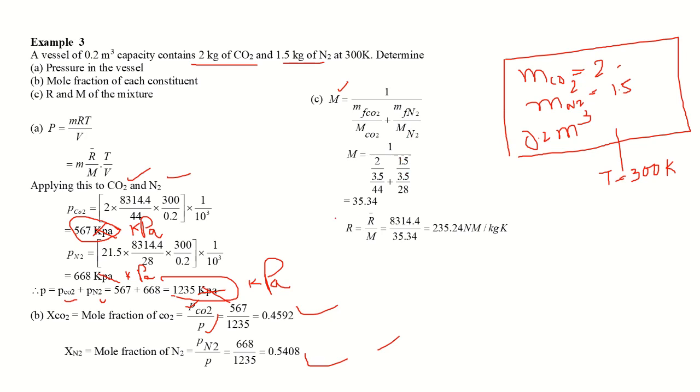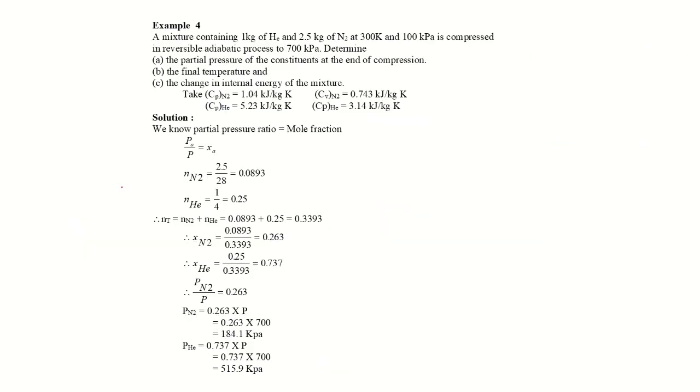Its molecular weight is 28. You will get the M value. So R is equal to R bar by M. So you are going to get the R and M of the mixture. Right? Hope you understood. We just have to do the simple calculations, using whatever equations we have derived earlier, apply them and get the required things.